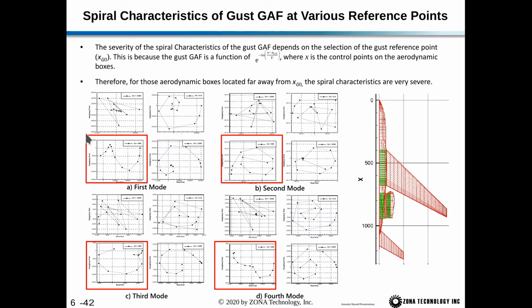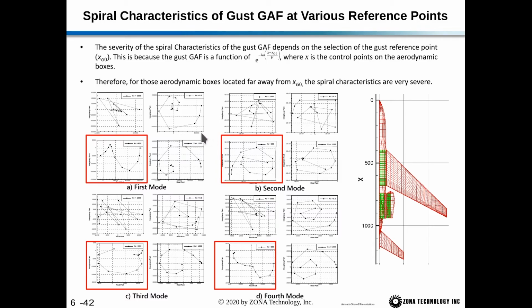So the box highlighted in red here is the xg0 that we've selected for the current case, where this is an xg0 of 690, which is right here. So you can see we've selected basically the midpoint of the wing as our Gust reference point. So this gives us the least spiral characteristics.